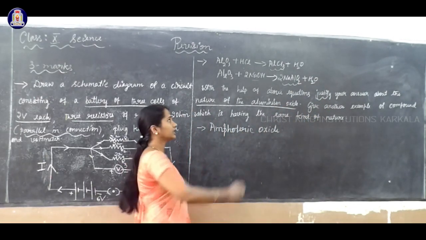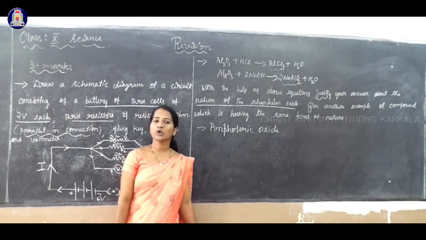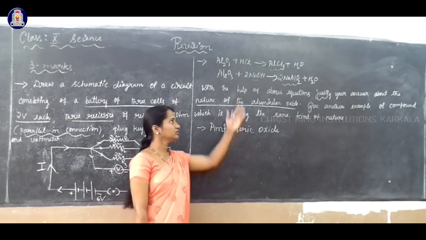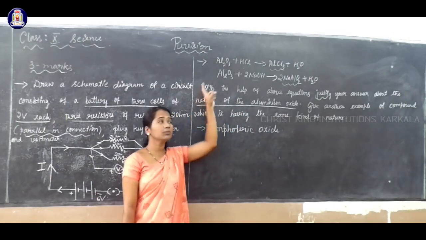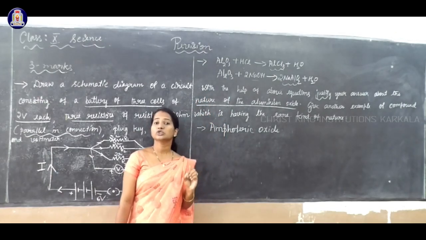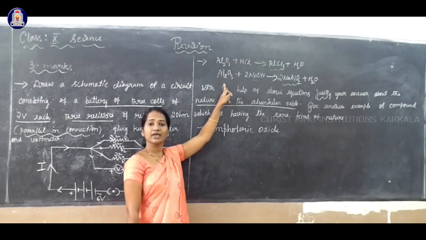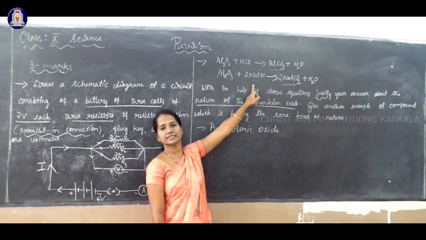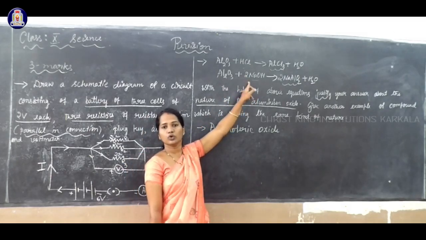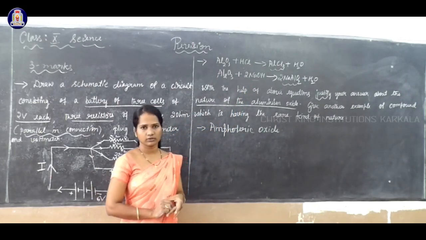Aluminium oxide reacts with hydrochloric acid, and sodium hydroxide, which is a base, to give salt and water.